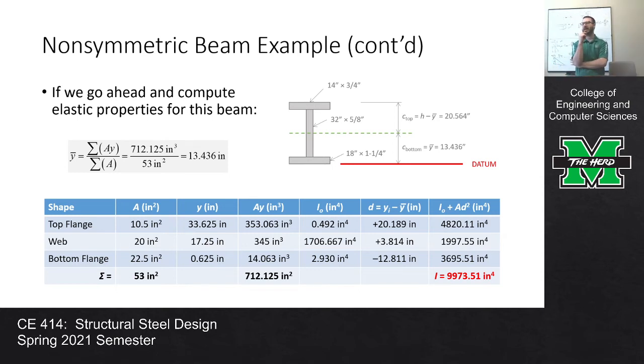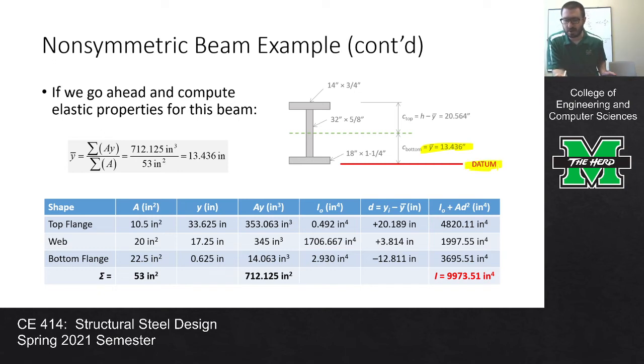I actually do kind of like this image because I want to show you. Remember, the centroid from the bottom is like 13.436 inches. So there is a different extreme fiber distance for the top and the bottom. If you look right here, what you see is, the extreme fiber distance from the bottom is just the centroid, because that's where we measured the datum from.